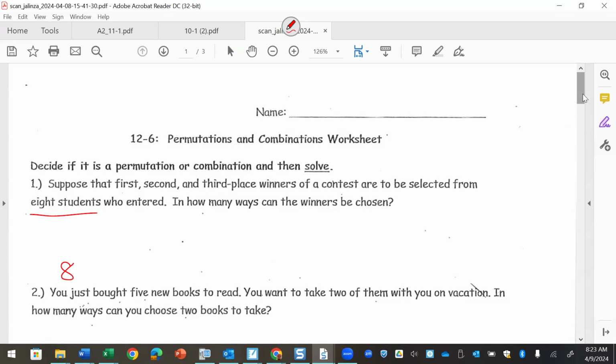We're picking them in first, second, and third place. Sounds like order matters. If they come in reverse order, third, second, first, that's completely different. So you said perm, and we're picking how many at a time? 3. That was the hard part.